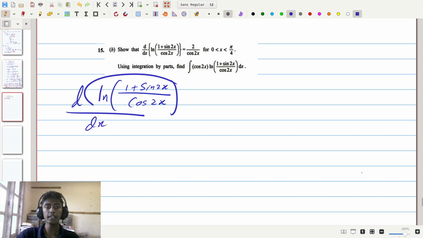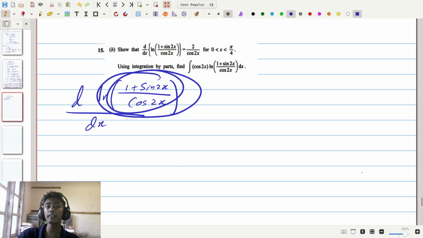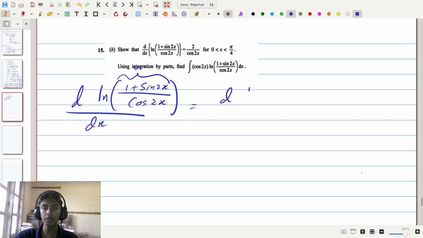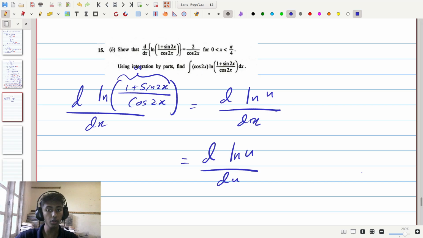If you have some internal expression inside another function, and we consider this internal expression as u, this is equal to the derivative of the natural logarithm of u with respect to x, which by the chain rule becomes the derivative of the natural logarithm of u with respect to u times du by dx.